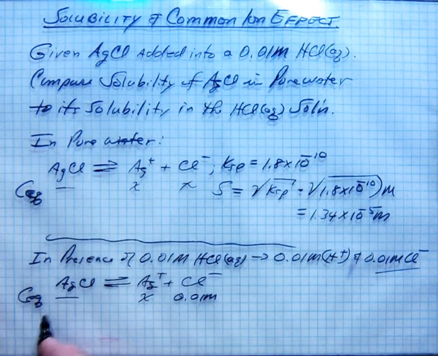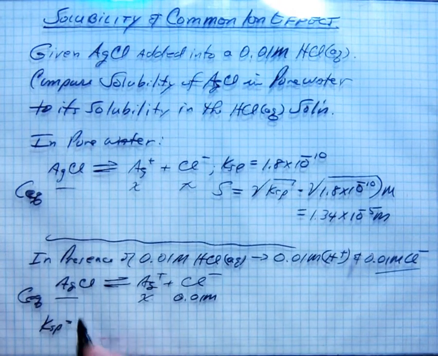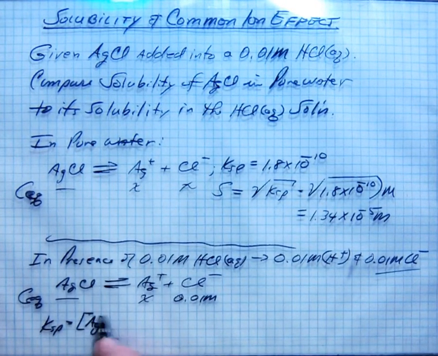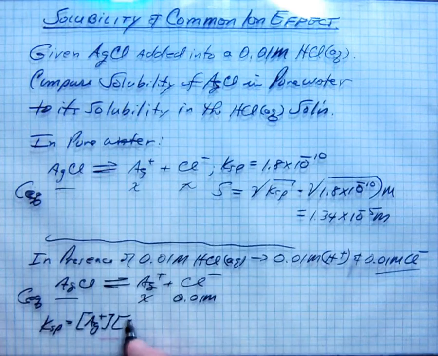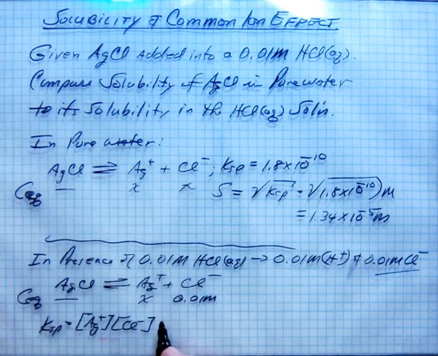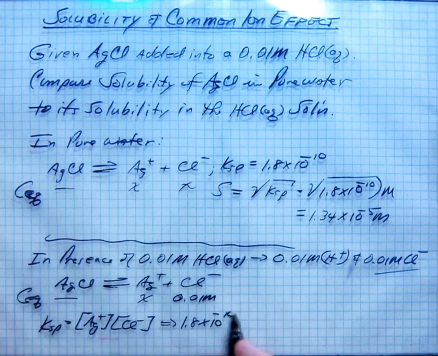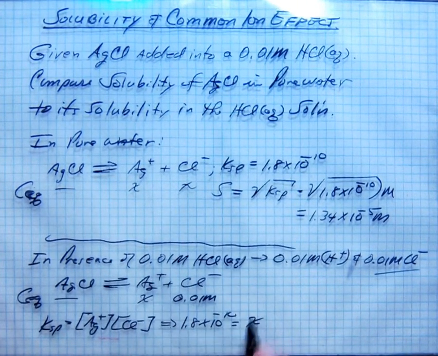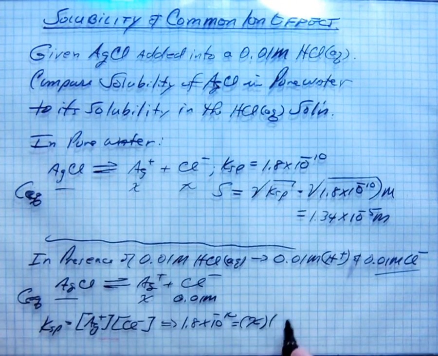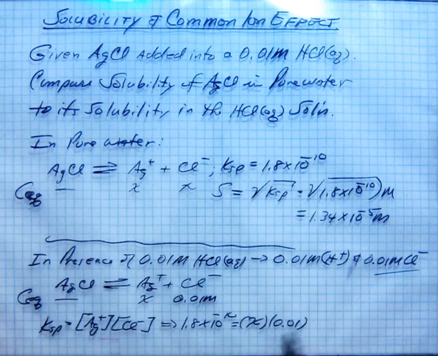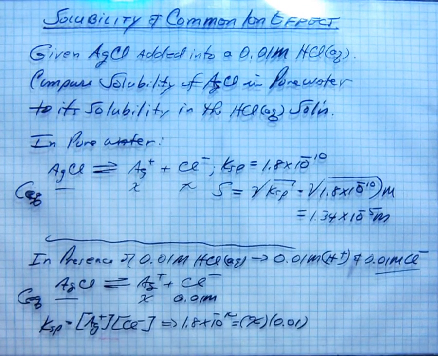So the KSP expression is silver ions times the chloride ions, and this gives us 1.8 times 10 to the minus 10 equal to silver, which is X, times the 0.01 molar chlorides.